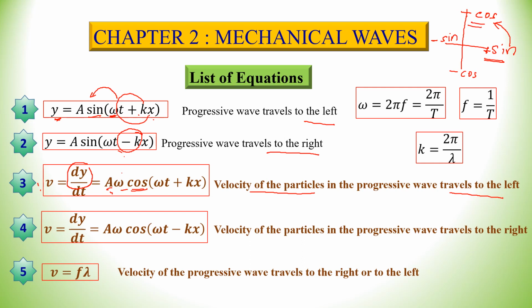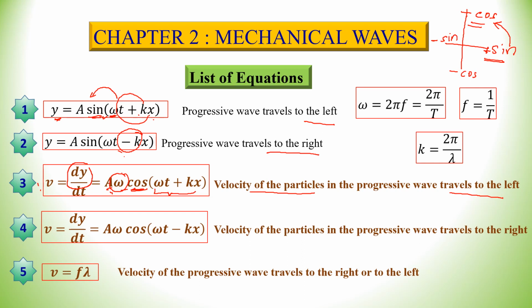For first equation, y equals to a sine omega t plus kx, to get the velocity of a particle for the progressive wave which is travel to the left, we differentiate this equation. So omega bawa ke depan. Differentiate sine, we get cos, and then copy the bracket. So omega t plus kx.